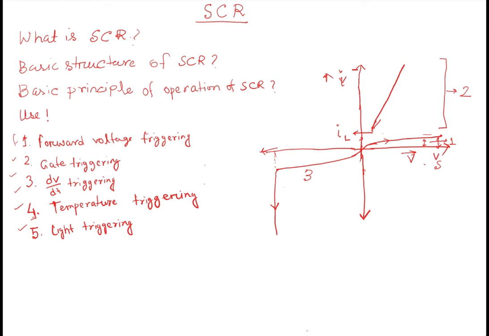Next we will see how simple SCR circuits look like. So already we know the symbolic diagram of SCR. This is our symbolic diagram. One thing to be noted, this is my terminal.